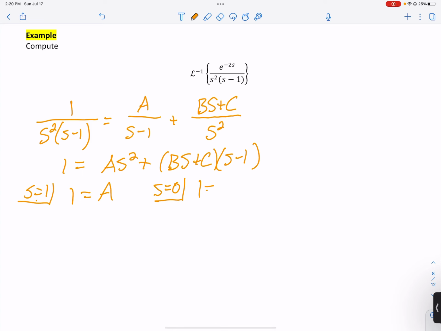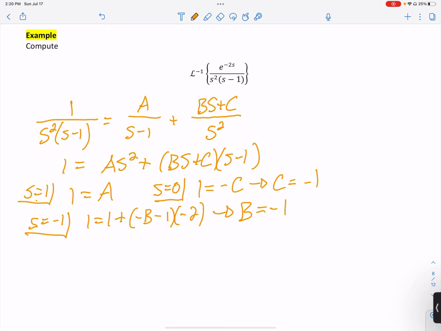We get 1 equals negative c, which tells me c is negative 1. And then we'll do s equals -1. Plugging all this in, we're going to end up with 1 equals 1 plus negative b minus 1 times -2. This leads to, if you work this out, b is -1. Okay, so we have a, b, and c here.